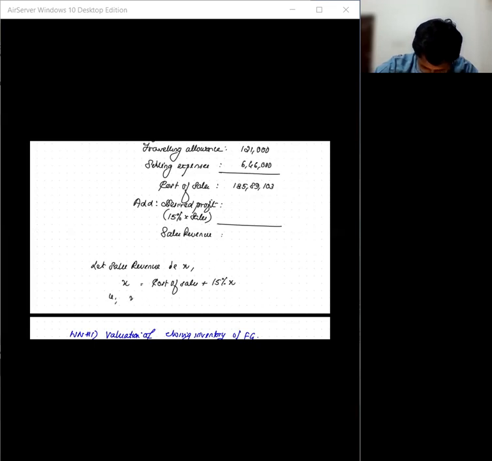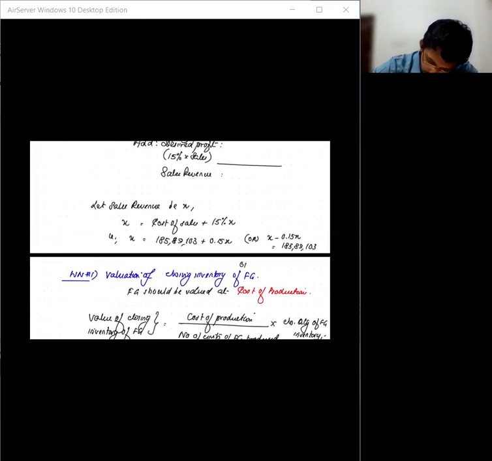That is, X is equal to cost of sales, 185,89,103, plus 0.15X. So X minus 0.15X is equal to 185,89,103, or X is equal to 185,89,103 divided by 1 minus 0.15, which is 0.85.